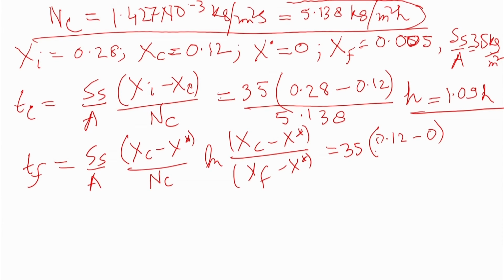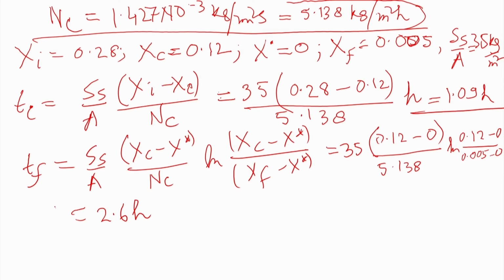That is 5.138 into ln of Xc, which is 0.12 minus X star is equal to 0, divided by Xf, that is 0.005 minus X star is equal to 0. So, this is equal to 2.6 hour.